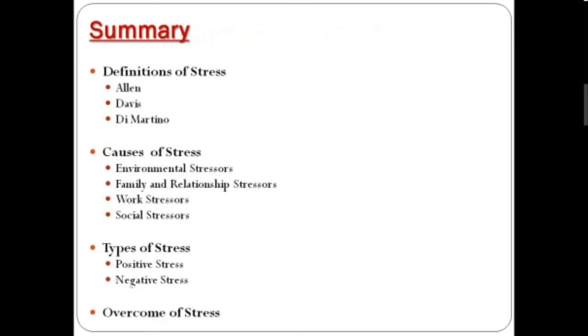So in this video we have discussed definitions of stress given by three well-known scholars, Allen, Davis and D. Martino. Then we have discussed different causes of stress as environmental, family and relationships, work and social.